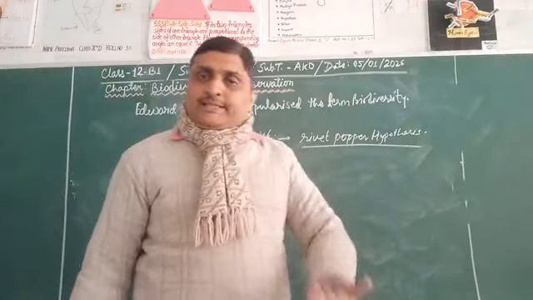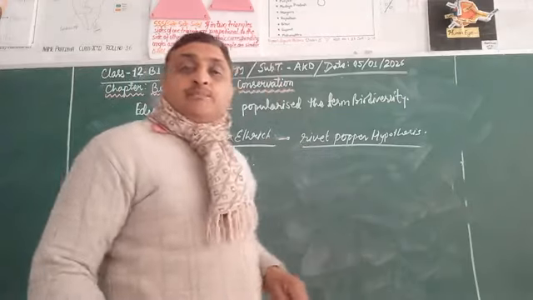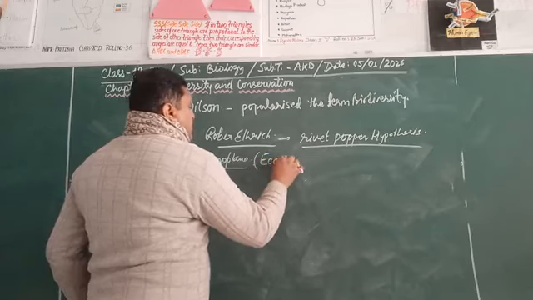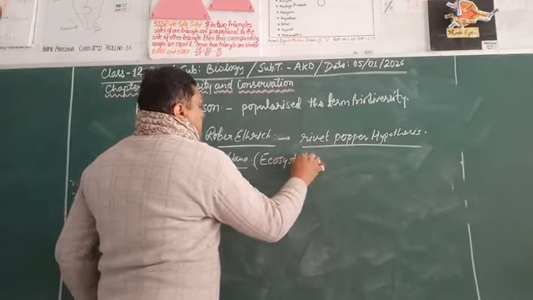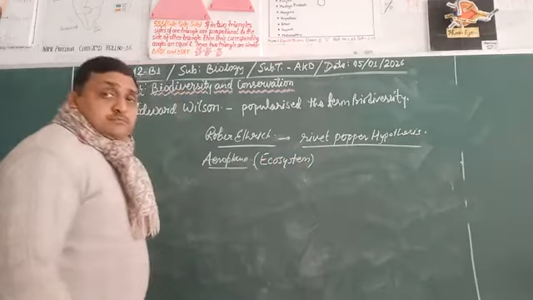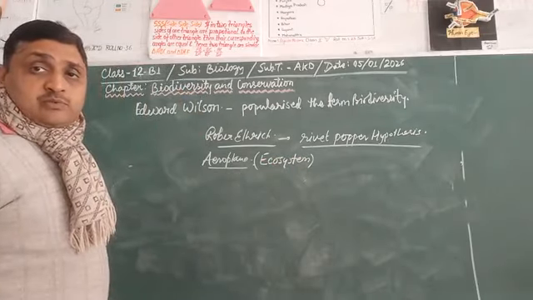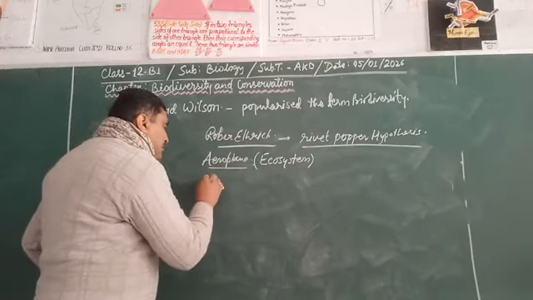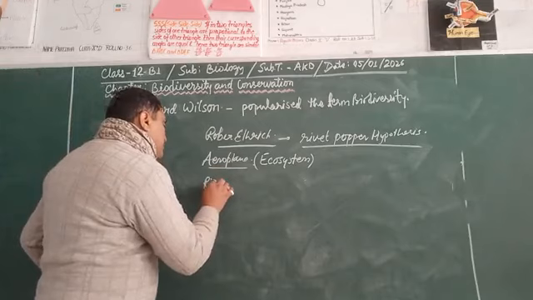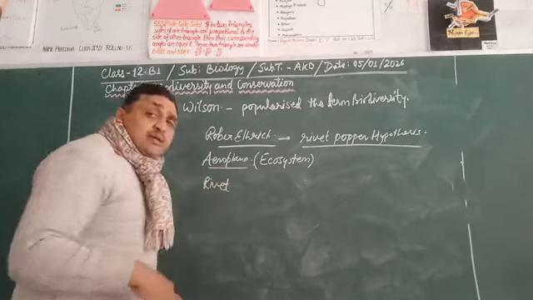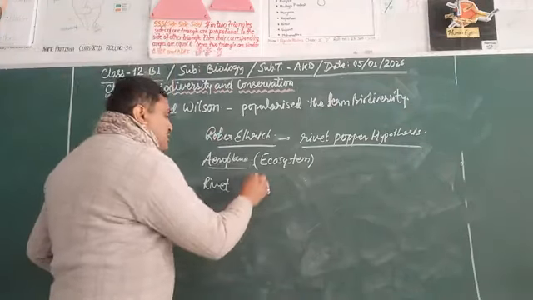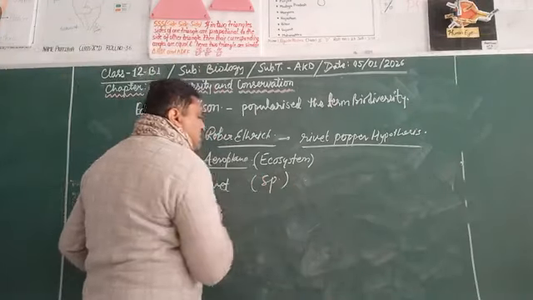He suggested that this aeroplane is an ecosystem. इस एरोप्लेन को उन्होंने इकोसिस्टम मान लिया. This aeroplane is the ecosystem, and in that aeroplane there is a rivet. Rivet means a key bolt. That is a species of that ecosystem. वो इस ecosystem की species है.